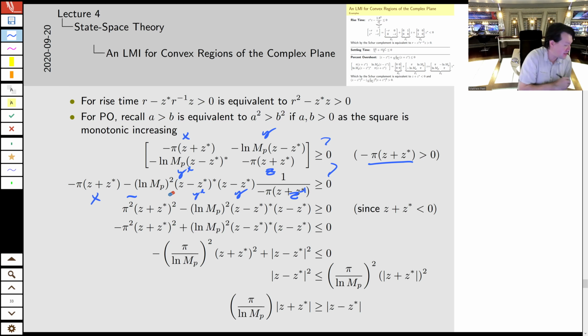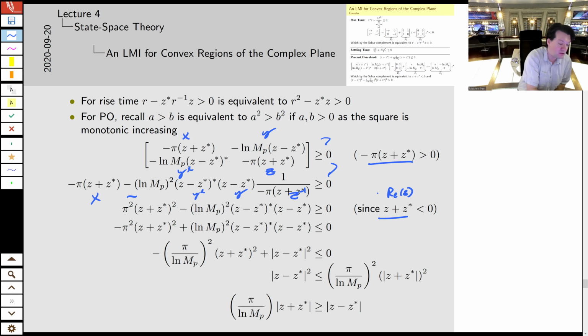So that's relatively straightforward. Next, we multiply the whole thing by negative Z plus Z star. Now Z plus Z star, remember the real part of Z is negative.